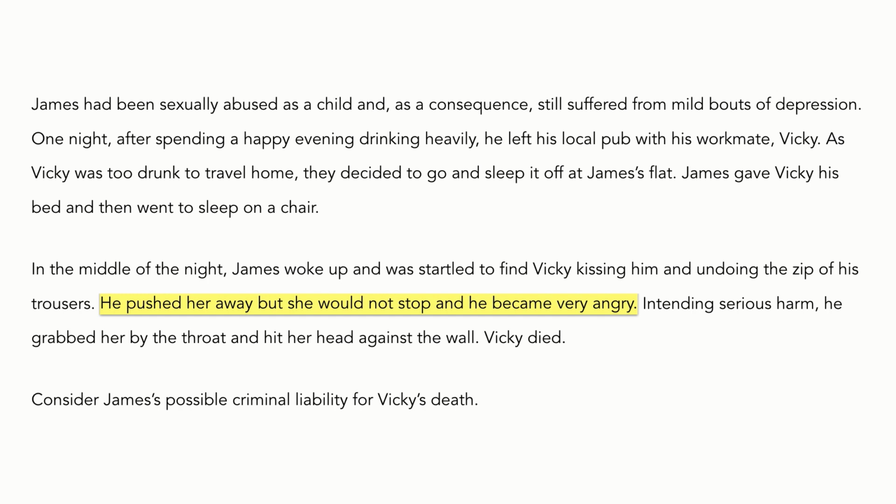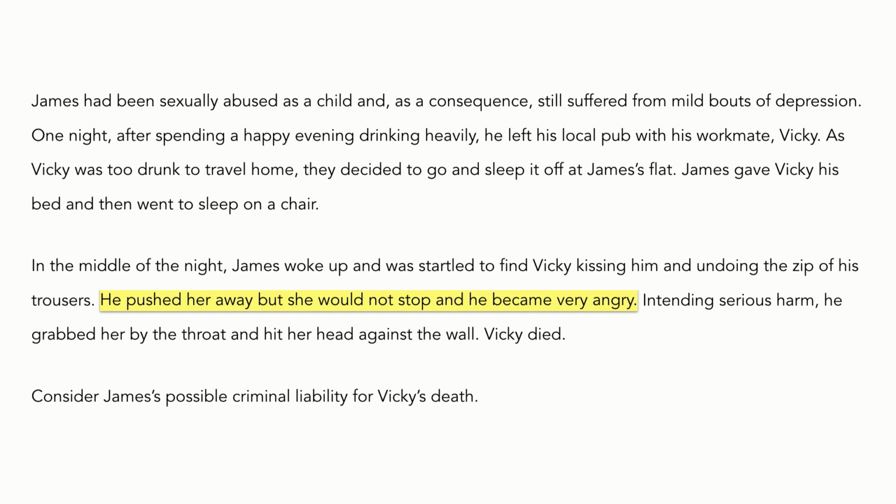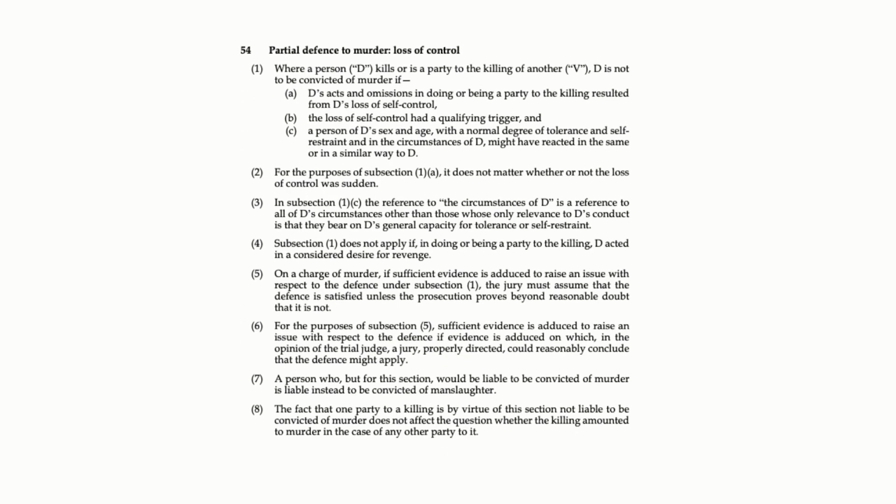Now, in relation to James pushing her away and then becoming angry, the pertinent area of law is the Coroners and Justice Act of 2009, particularly loss of self-control, which is outlined in sections 54 and 55 of the 2009 Act.